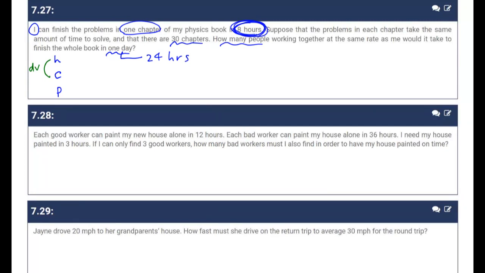That's direct proportion. And between the number of chapters and the number of people, if you have more people, then you can do more chapters, right? So that's also direct variation. But how about H and P, the number of hours and the number of people? Having more people to solve together means it's going to take less time to finish it, right?